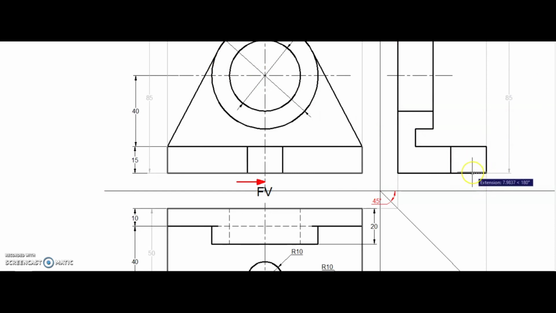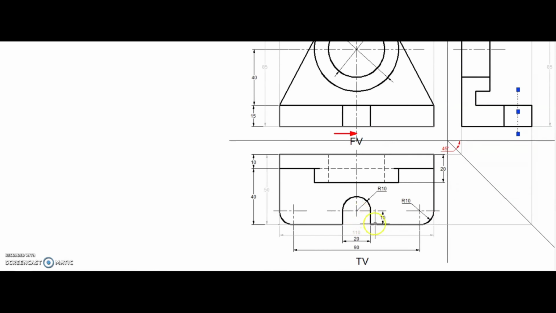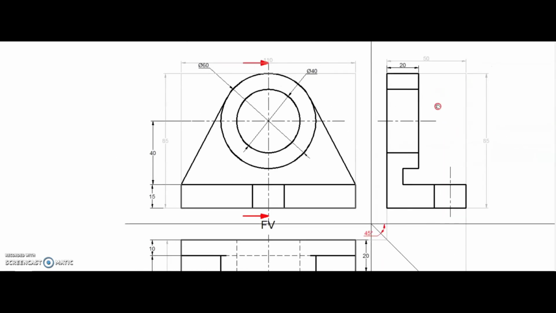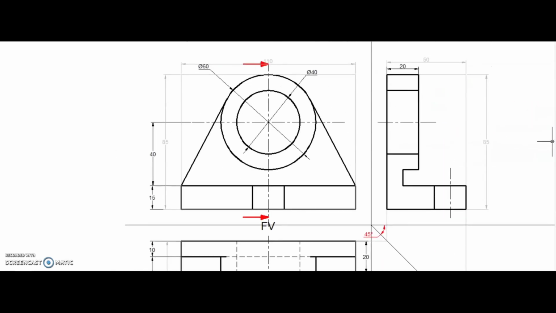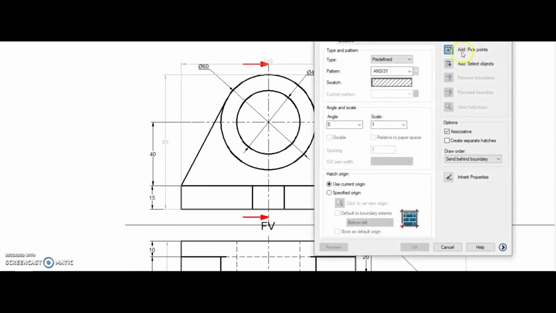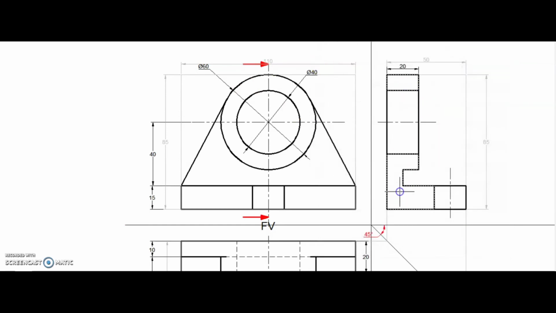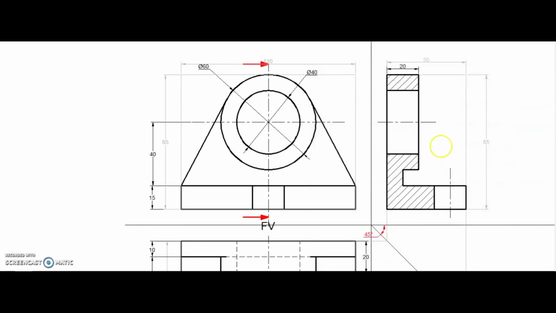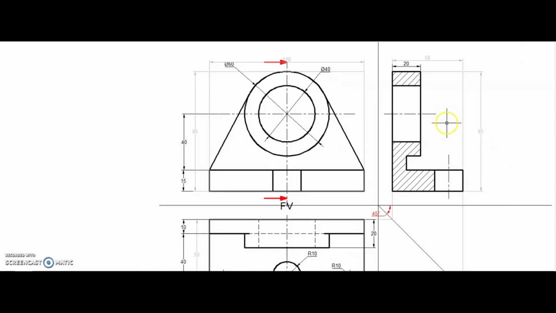From this go and draw the center line, because its center point is located at 10 millimeter from this side. Now draw the hatching line. Now select this portion, and draw the hatching line. So the sectional side view is completed.